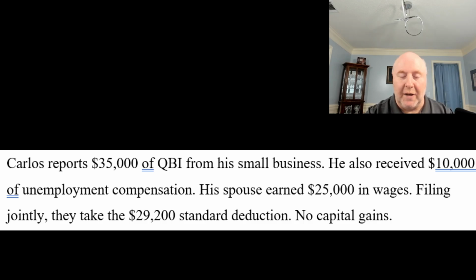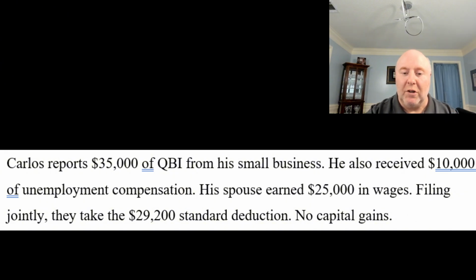Okay, so let's calculate this. $35,000 from the QBI. Yeah, we add that in there. We've got to add back the $10,000 of unemployment because that's the substitution for wages. So now we've got 35 plus 10, so we've got $45,000 as we're calculating toward AGI. All right, now we have to add in the spouse's $25,000. So our $45,000 plus 25, now we're at $70,000, right?